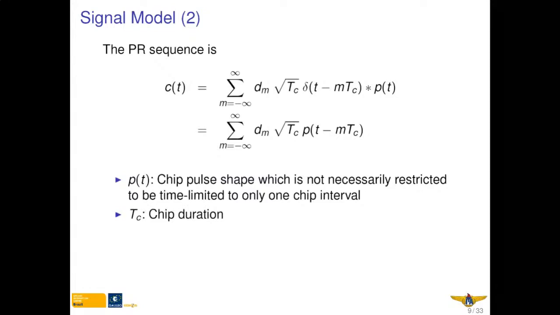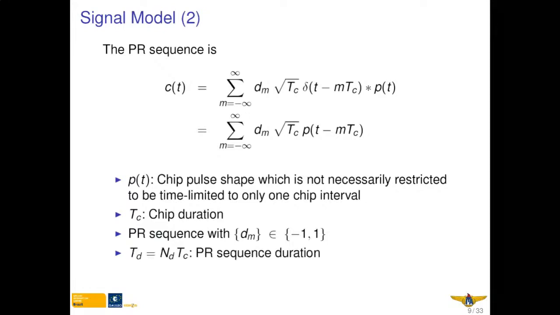T_C is the chip duration. The PR sequence is given by its bits, denoted by d_m. T_D is the duration of the sequence, and N_D is the number of chips of the PR sequence.